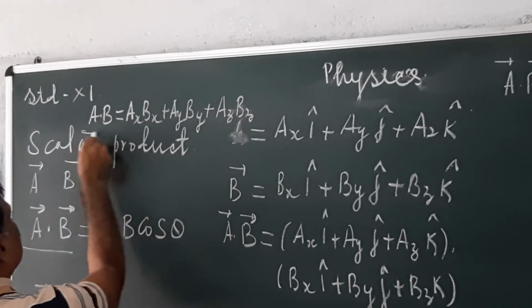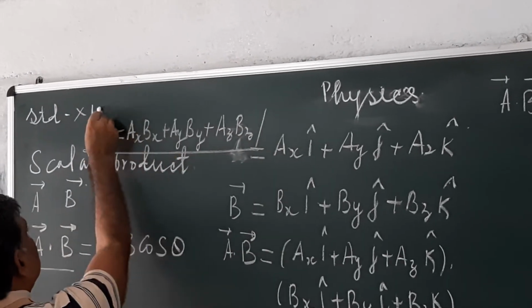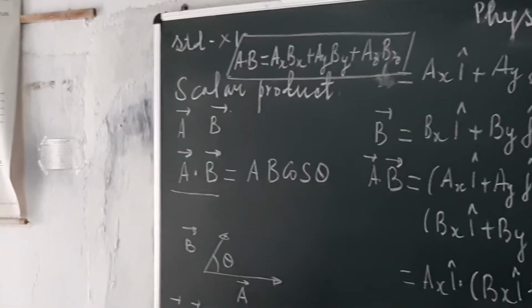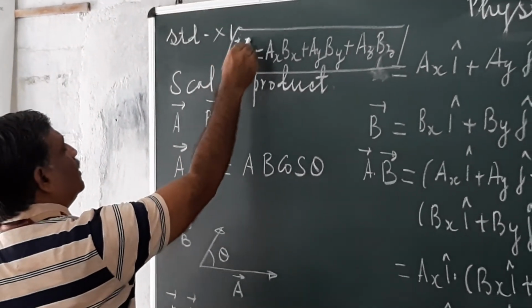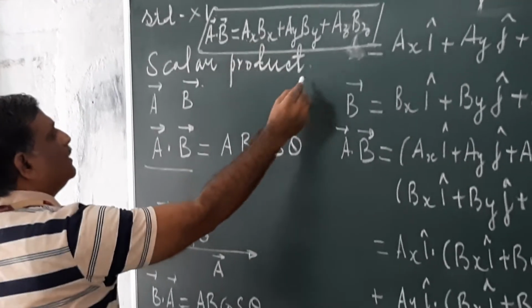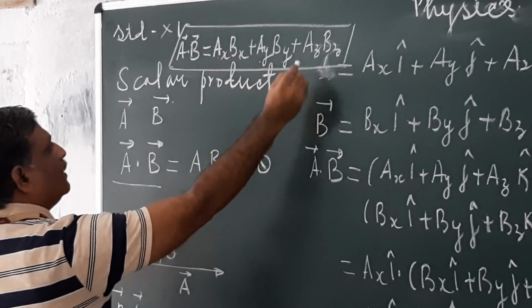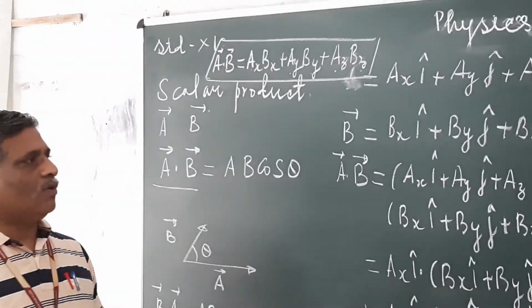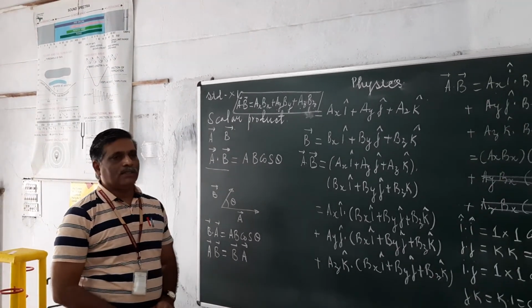So this is the product of two vectors. A dot B is equal to AX BX plus AY BY plus AZ BZ. It is the scalar product of two vectors.